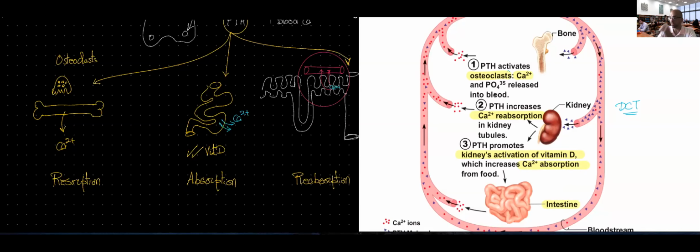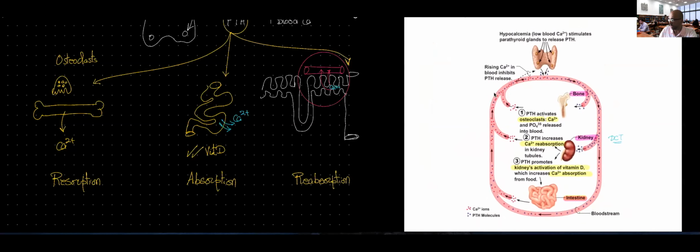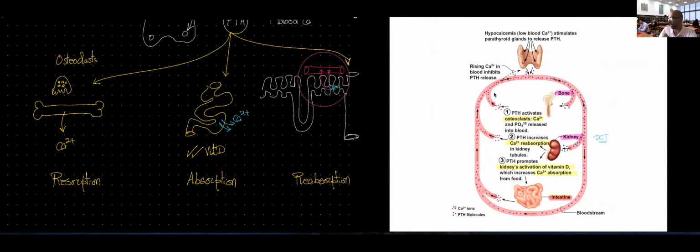So three main actions again for PTH would be resorption of the bones, reabsorption of the calcium in the kidney tubules, and enhance the absorption by activating vitamin D in the kidney, and the absorption is going to be taking place in the small intestine under the effect of the activated vitamin D.